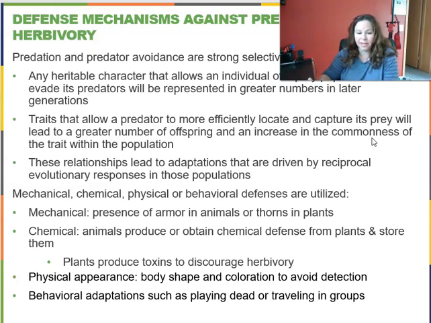Or an example of that would be plants producing toxins to discourage herbivory. How about in Minnesota, skunk using a chemical to shoo away a predator. The physical appearance, the body shape and coloration can help avoid detection, and behavioral adaptations like playing dead or traveling in groups are some examples of adaptations that are behavioral defenses that could evolve over time.